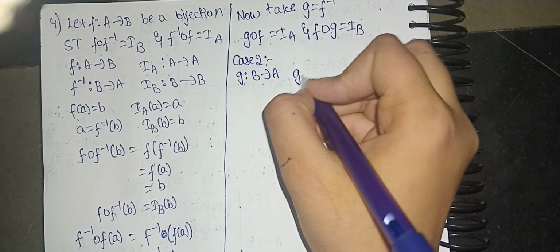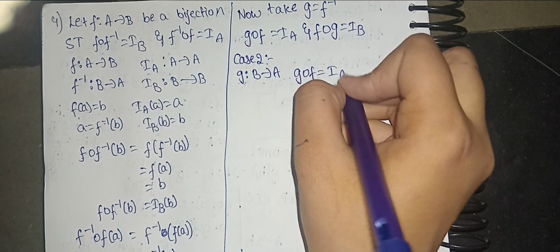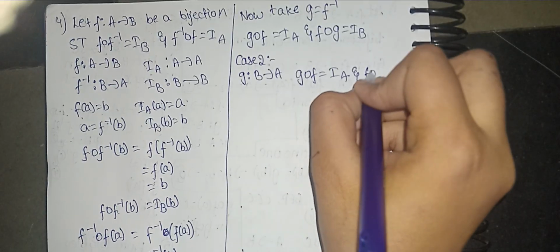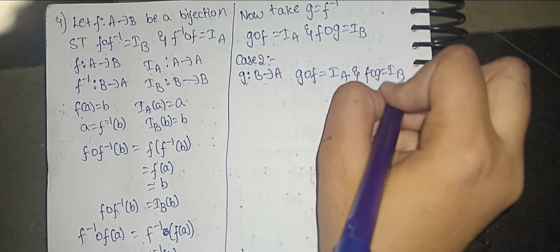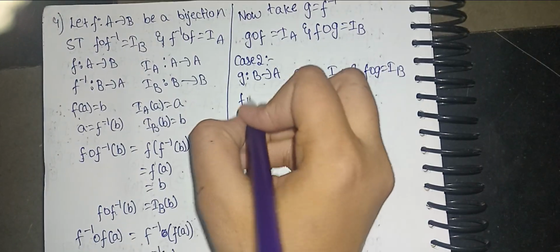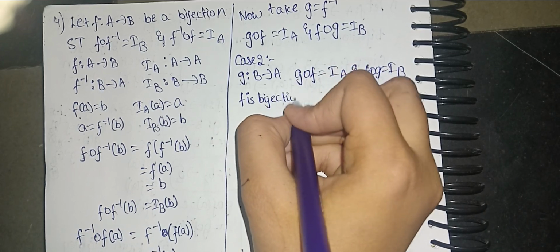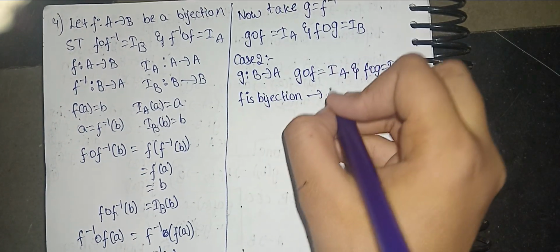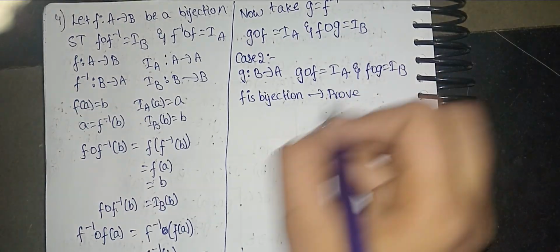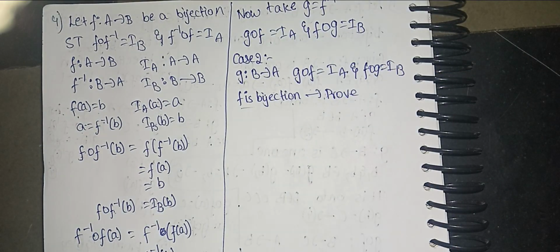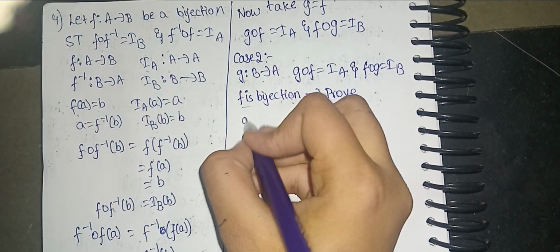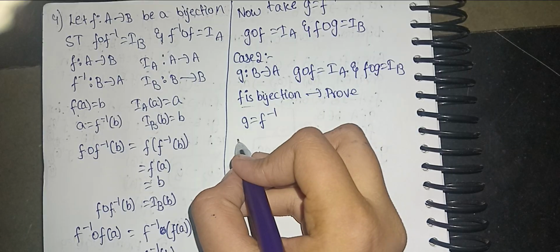Then g circle f is equal to IA and f circle g is equal to IB, and we have to prove f is a bijection, and g is equal to f inverse.